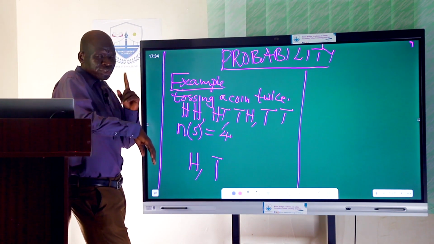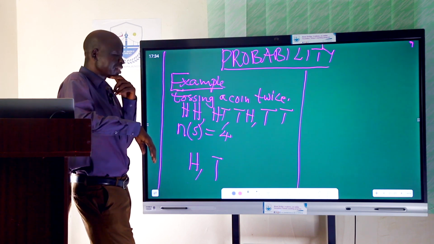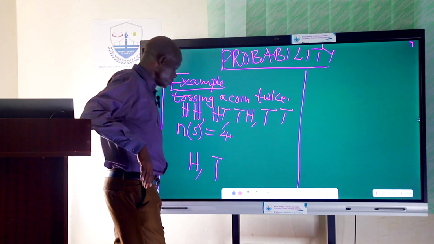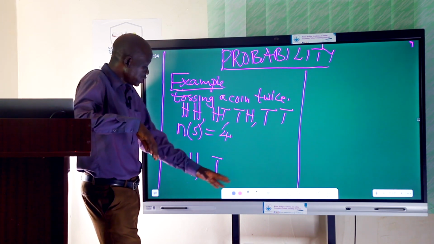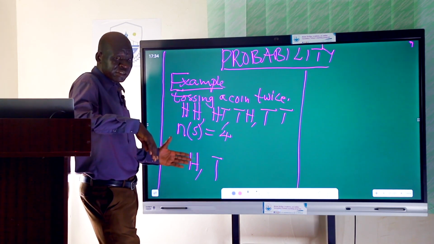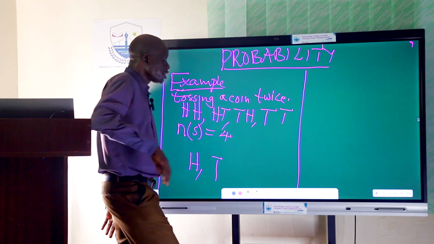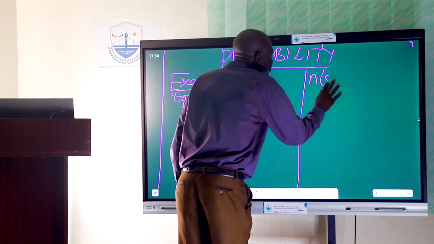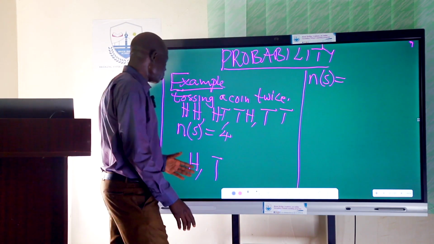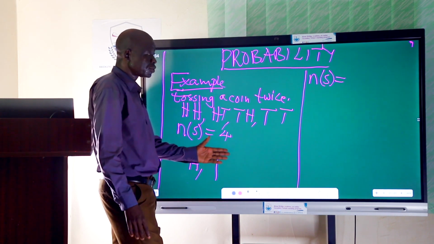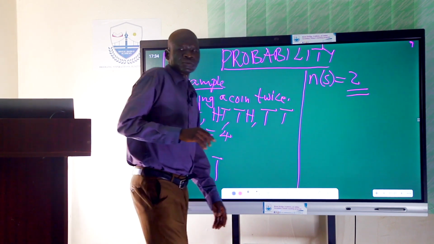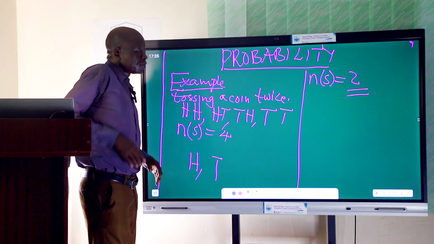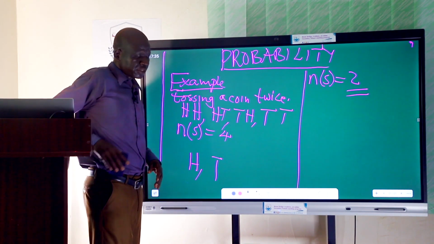Meaning that the sample space, by counting the number of events which are there, either a head or a tail, will be equal to 2. So it is 2. That is the number of the sample space.